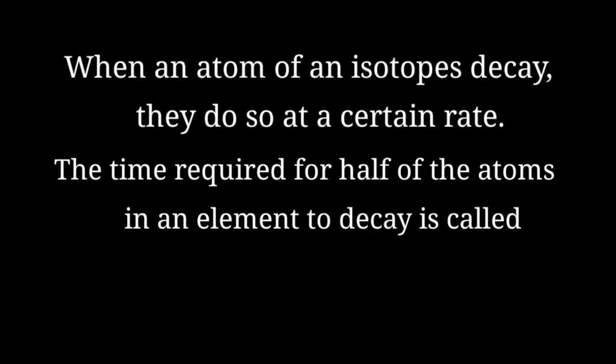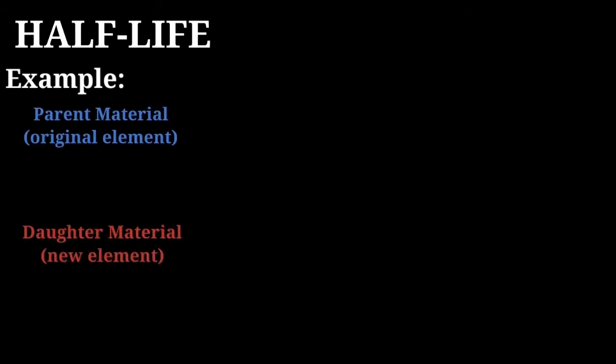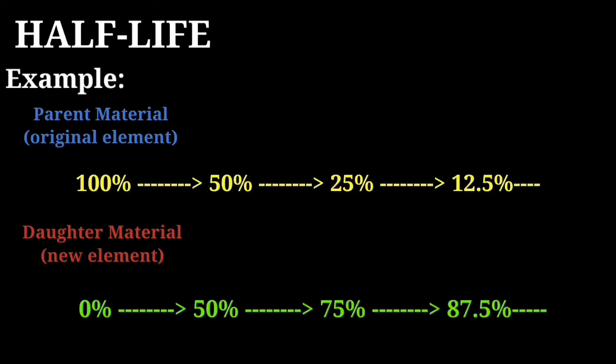Let's talk about the half-life. When atoms of an isotope decay, they do so at a certain rate. The time required for half of the atoms in an element to decay is called the half-life. For example, let's say an animal just died, and this animal has carbon-14 in it. The moment it died, all the carbon-14 is still there.